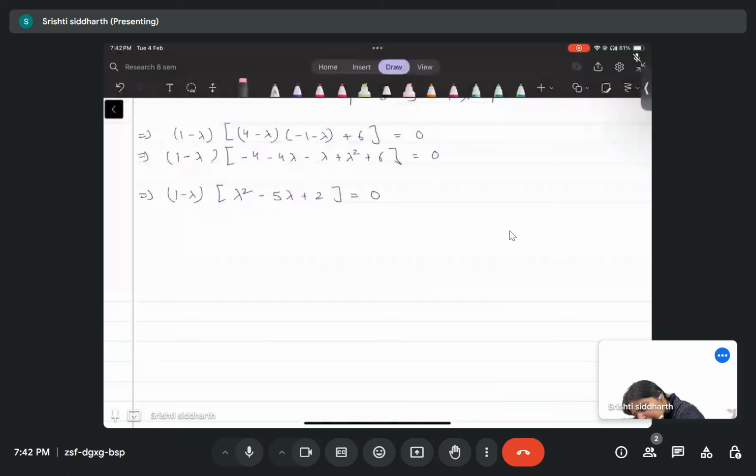So this becomes minus 3 lambda. So one of the roots is 1.